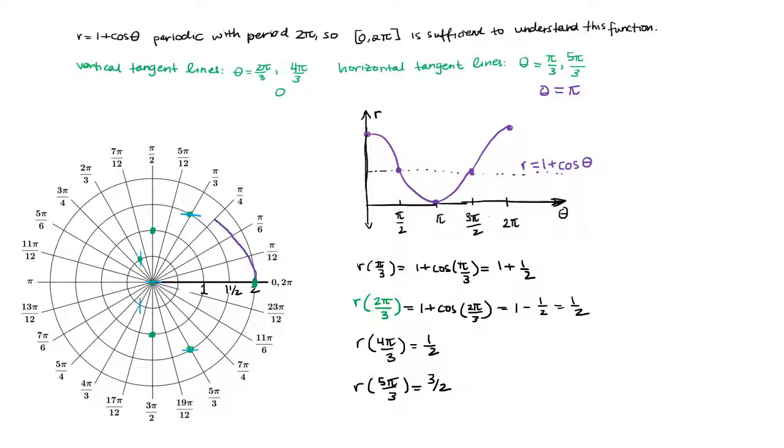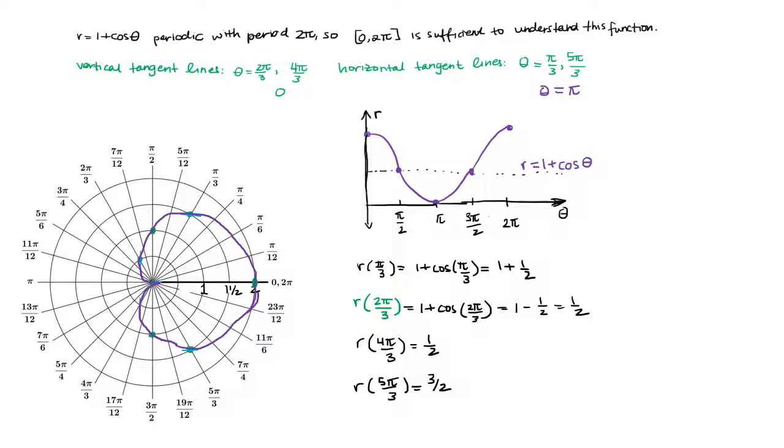tangent, where we're supposed to be tangent, okay, up, in for our heart, and around tangent, where we're supposed to be tangent. All right, and here we can see our cardioid.